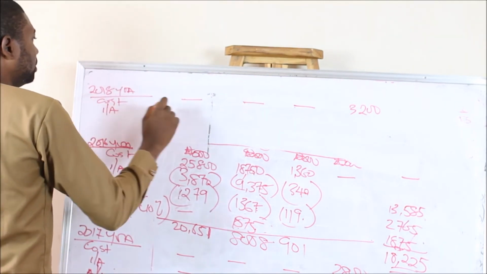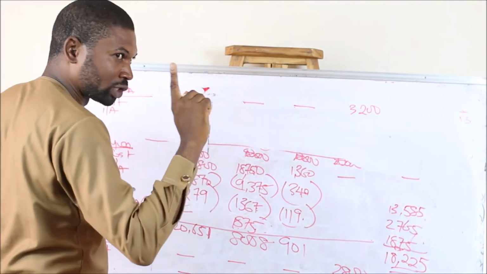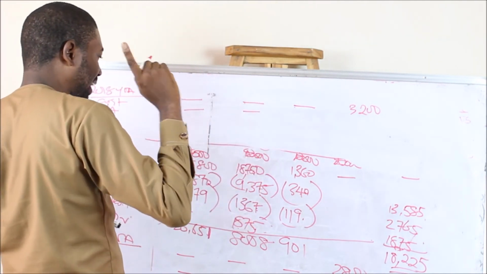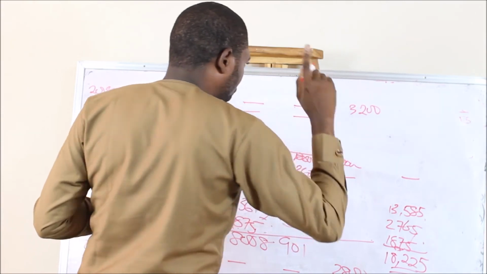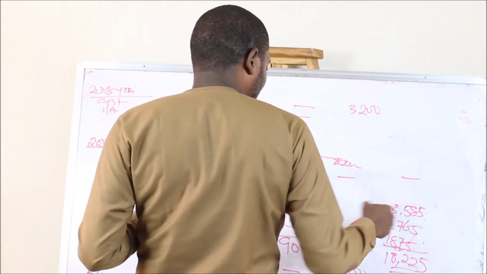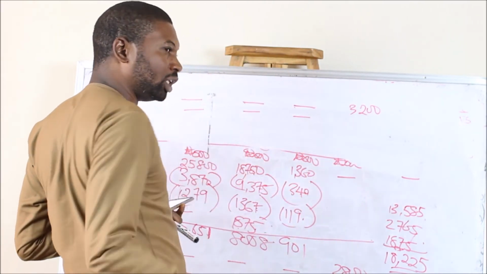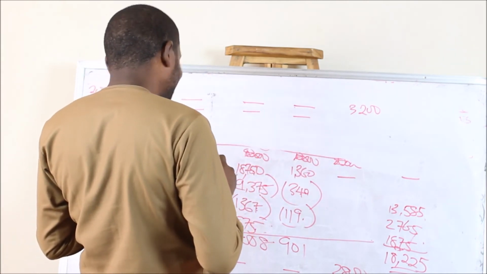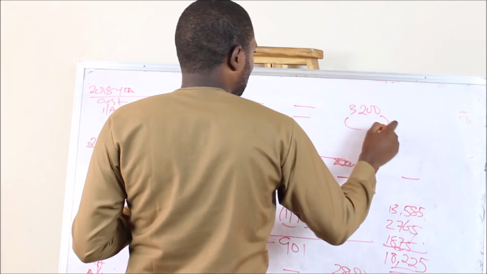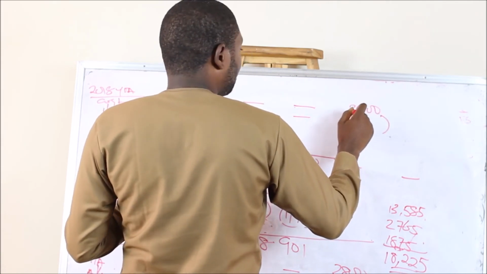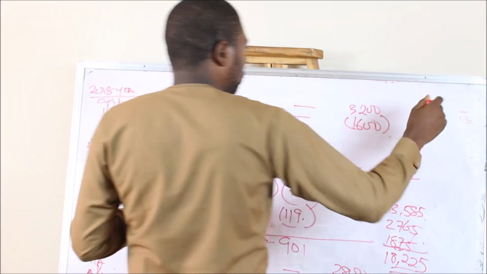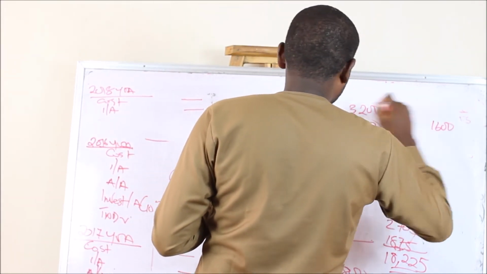Remember, the building will not enjoy initial allowance again; we say once in a lifetime. Plant and machinery too will not enjoy initial allowance again. Fitting and furniture too will not enjoy initial. It's only this 3.2. Even the old motor vehicle, the 2.82, will not enjoy initial. It's only this new one that's going to enjoy initial allowance, which is 50%. So 50% of 3.2 is going to give you 1.6. So the total here is going to give us 1.6.